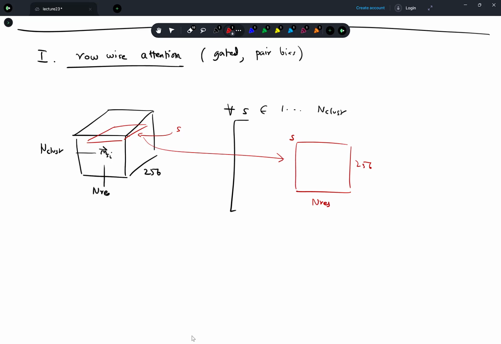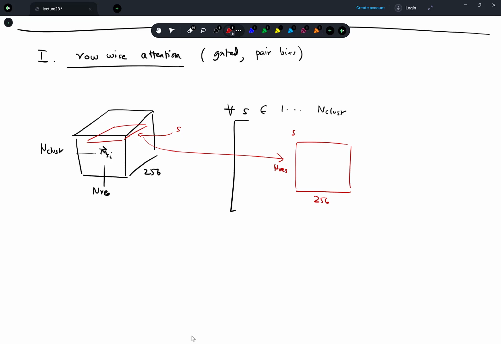So this is now very simple, it's actually just pure attention. I should write it the other way around, I'm sorry, because I want to do the row attention. So just to be clear, I oriented it this way, so that each row of this is what I'll transform.